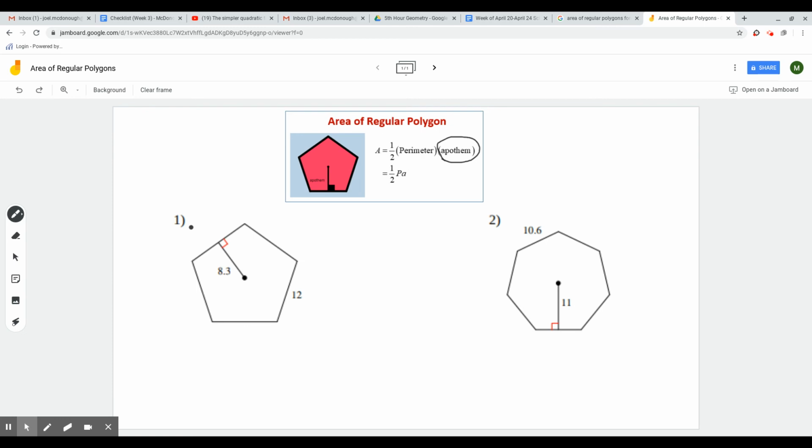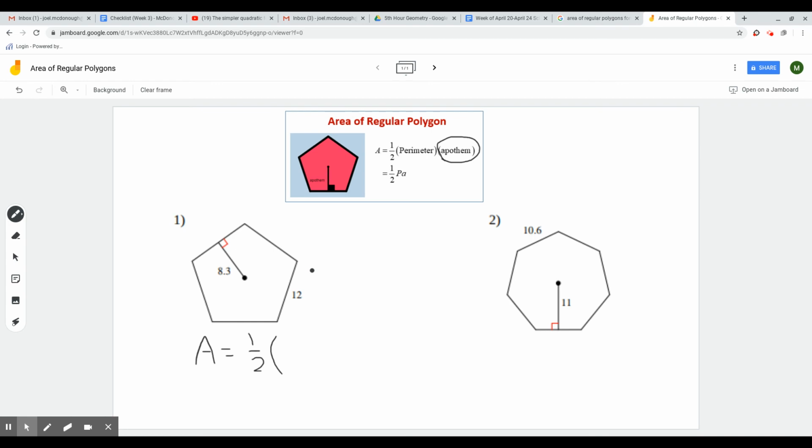So for the first one, to find the area of this particular shape, I noticed that it's a pentagon. The fact that it's a pentagon means that it has 5 sides. So for me to find the area, I need to take area equals 1/2 times your perimeter.